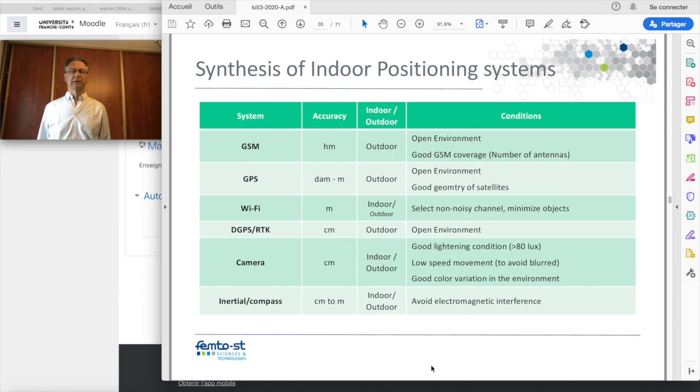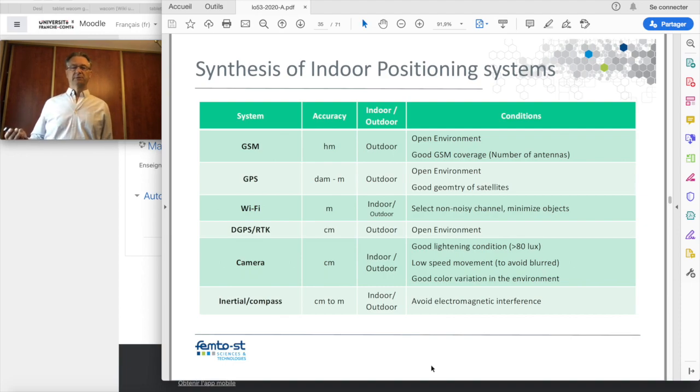You will have something like centimeters of accuracy, but like I said, it's only a relative position, it's not absolute. So this system needs to be linked with an absolute system in order to have good results.